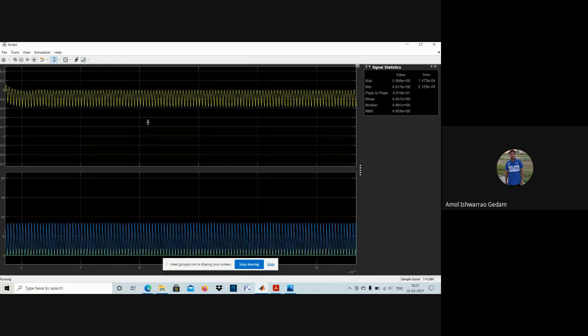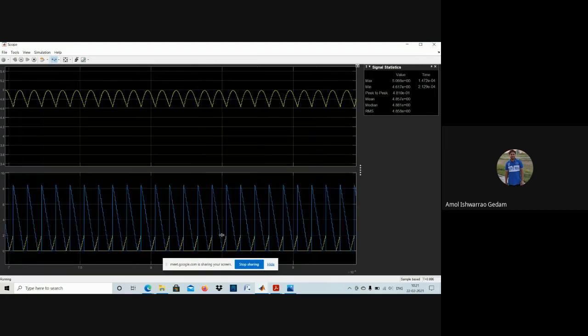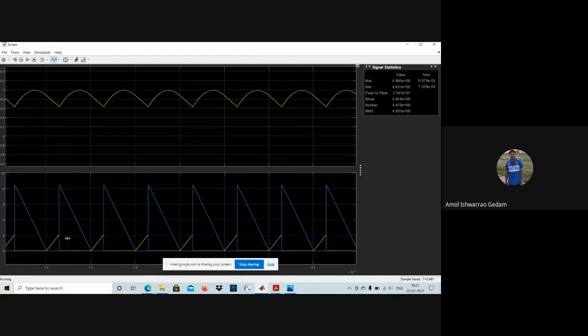This is the output voltage. It is coming close to the 5 volt, and I think this is the input current that is increasing, and this is the output current that is decreasing.